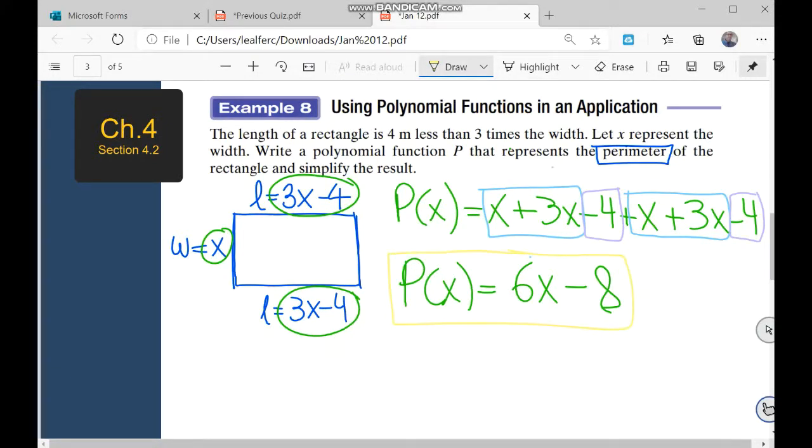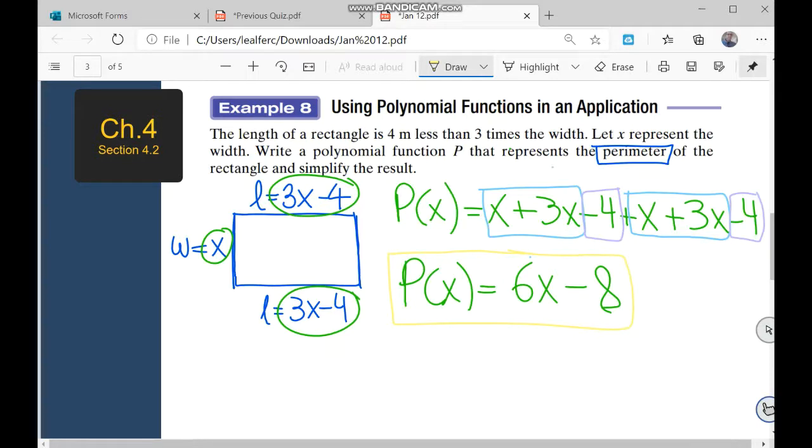Let me know, type now on the chat box if you have any questions. Very simple thing, very straightforward application of polynomial functions. And we will work on more applications on the quiz. Let me know right now if you have any particular question on this example.